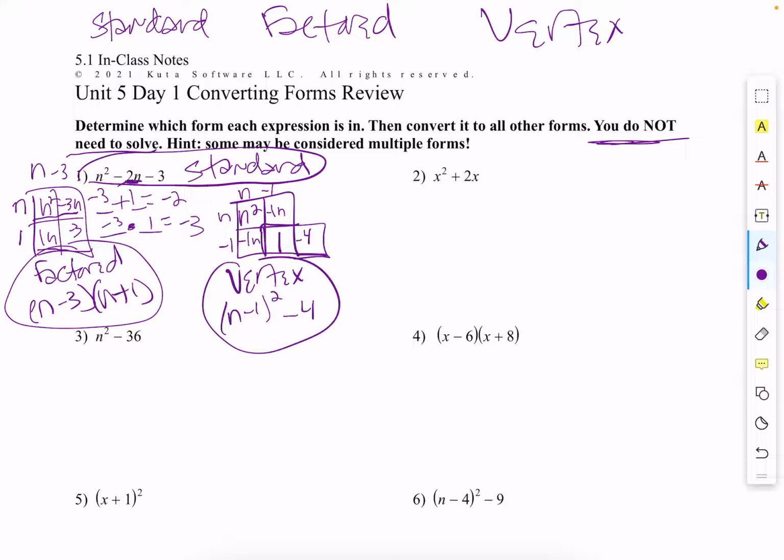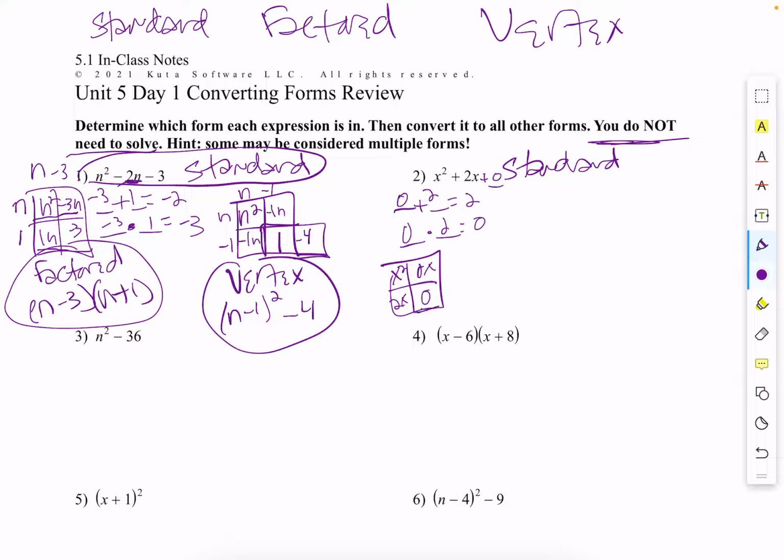Okay, so we're going to do it again. This one's in standard form. I'm going to set up my puzzle. So 0 and 2. So x squared, 0x, 2x, 0. This one has a plus 0 at the end.